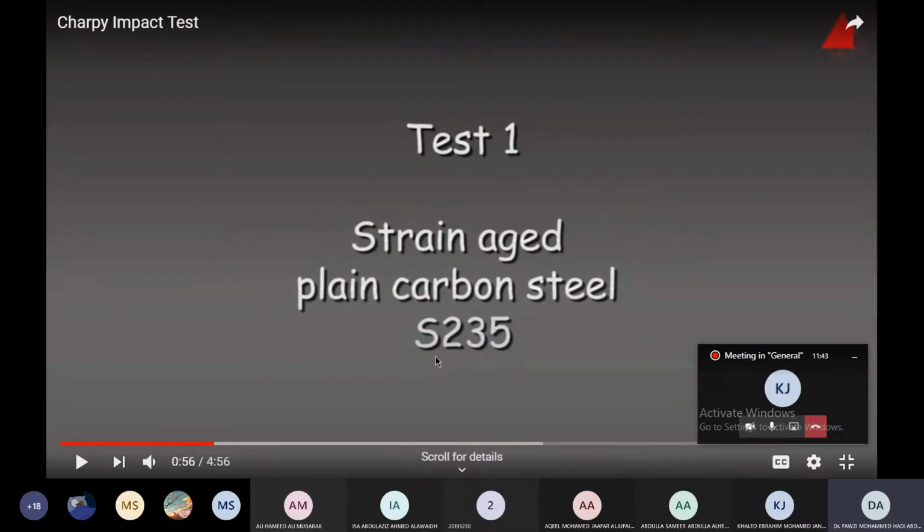If we know this, for example, that this is let's say 0.1% carbon steel, it will be AISI 1010, right? This is another designation. It is S235. Of course, this is strain aged, and strain aging means what? Anybody? What does strain aged mean?